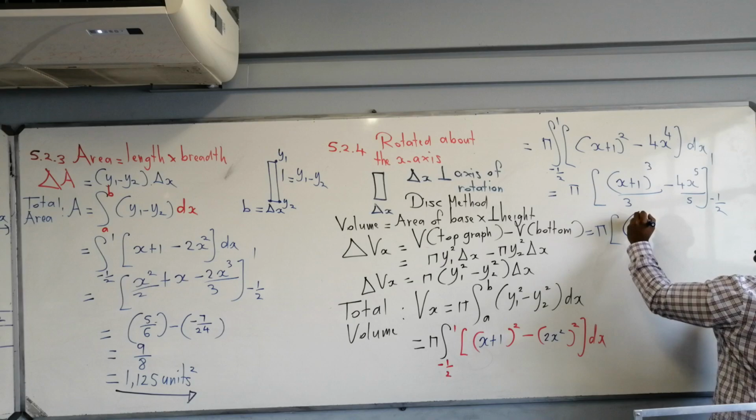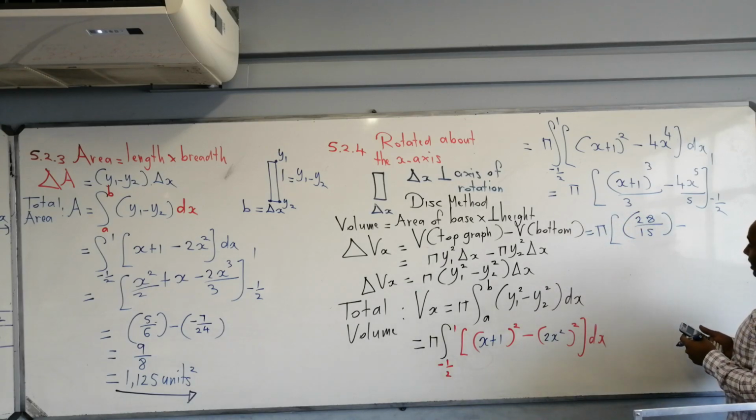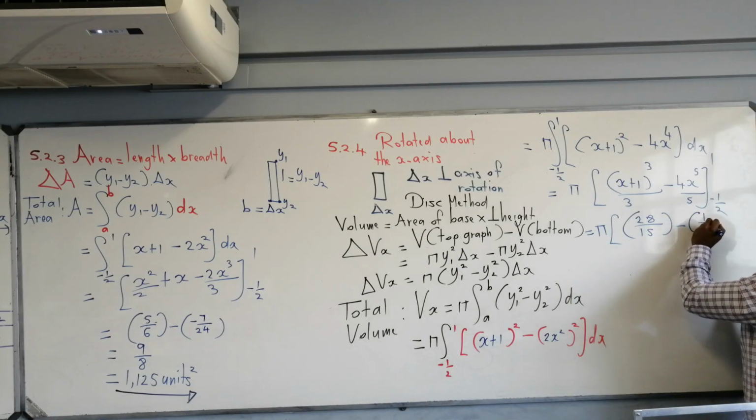When I substitute positive 1, I get 28 over 15. And now when I substitute minus half, I get 1 over 15.